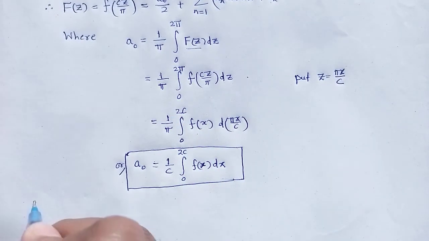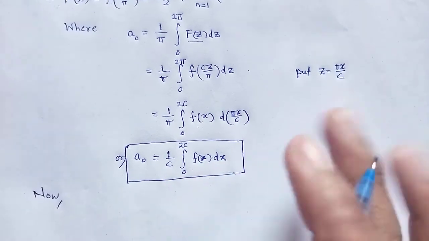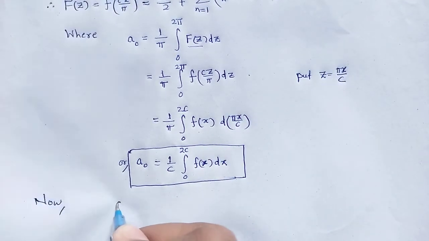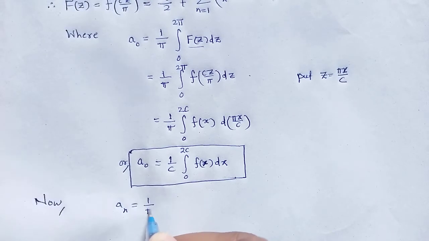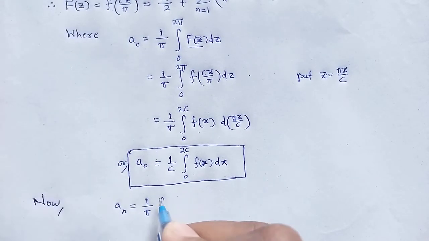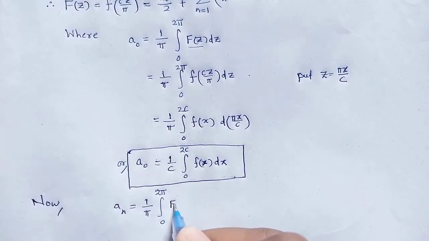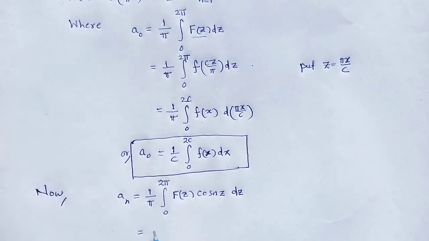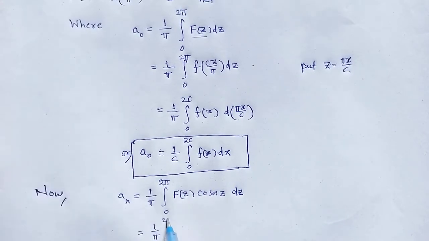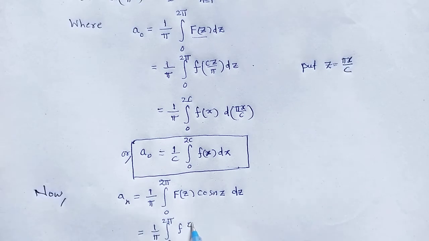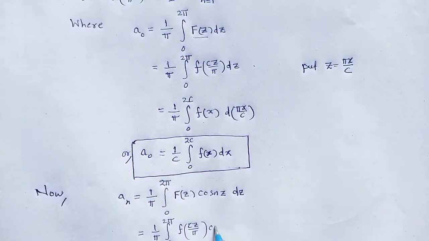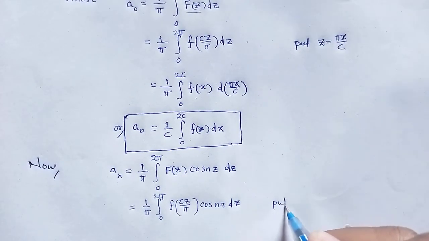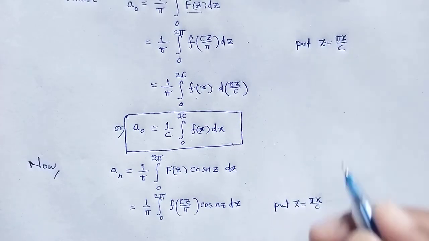Now another Fourier coefficient a n. Therefore a n is equal to 1 by pi integration from 0 to 2 pi of F of z cos nz dz, which is 1 by pi integration from 0 to 2 pi of f of cz by pi cos nz dz. Now we put z is equal to pi x by c.